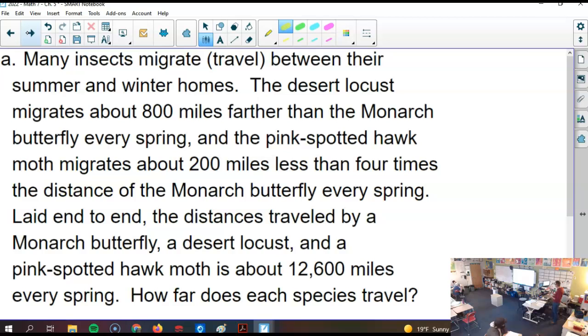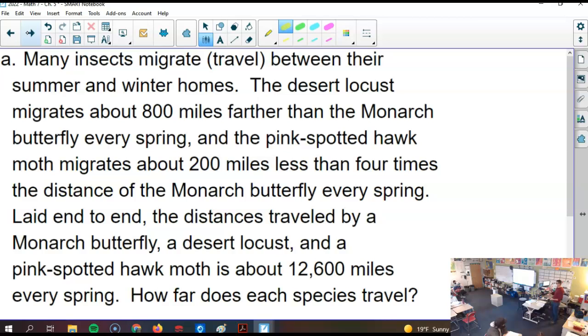Some cool names. It's also a lot of miles. Holy cow. That's a lot of words.